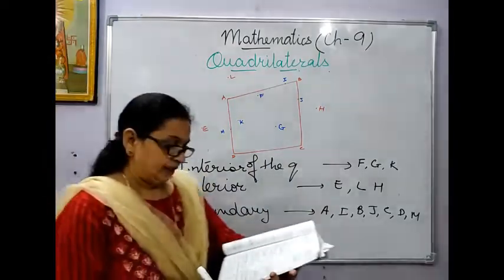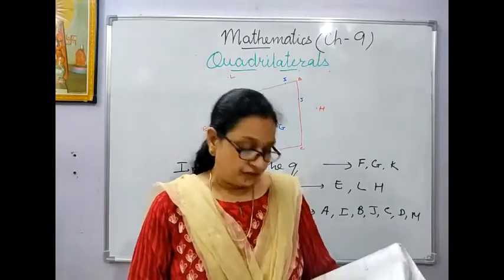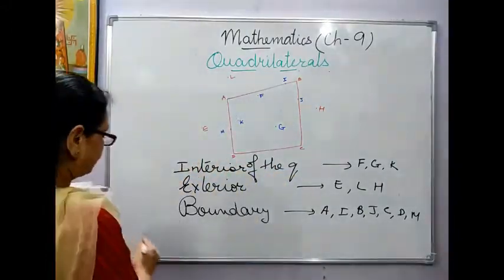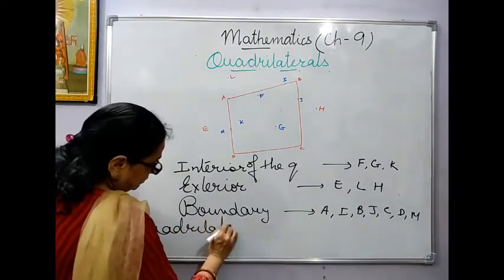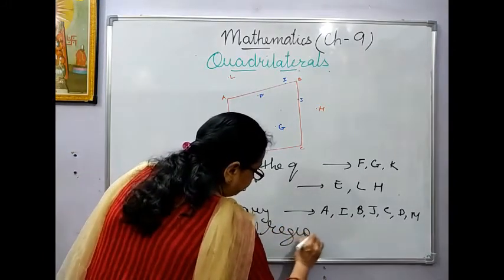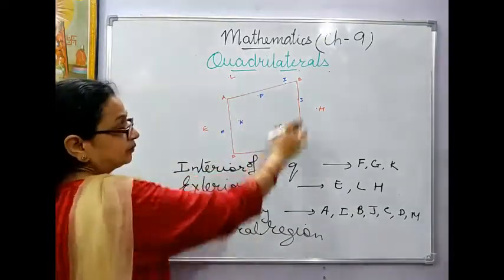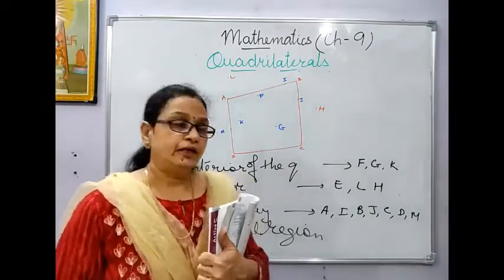Then the third, the interior and the boundary of the quadrilateral together constitute the quadrilateral region. All the points which are inside the quadrilateral and on the boundary together constitute the quadrilateral region.